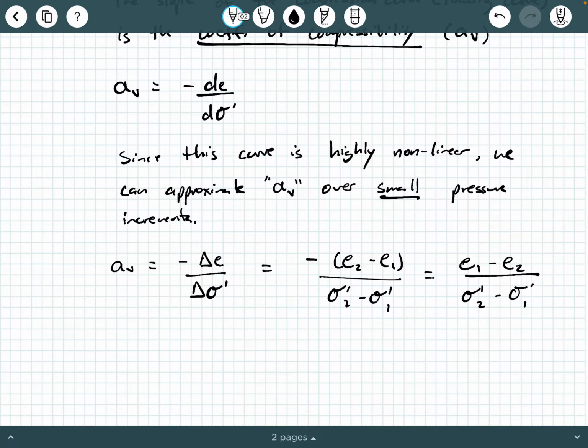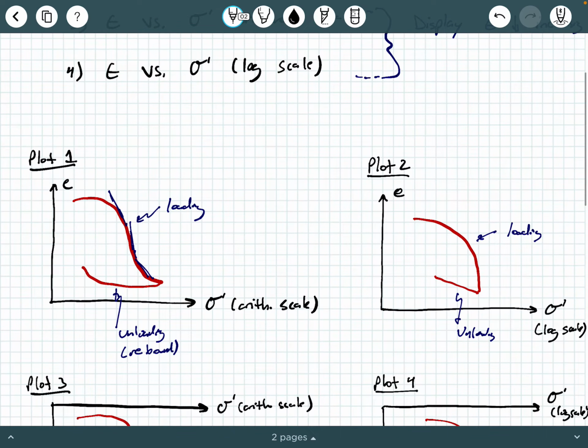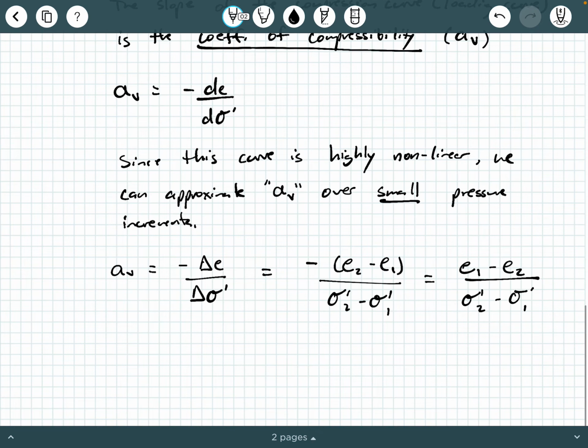So let's go to plot number 2. Plot number 2 is, let's see, E versus effective stress on a log scale, okay?